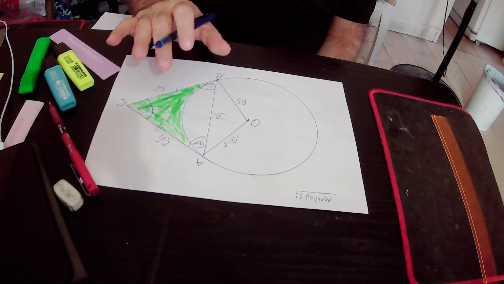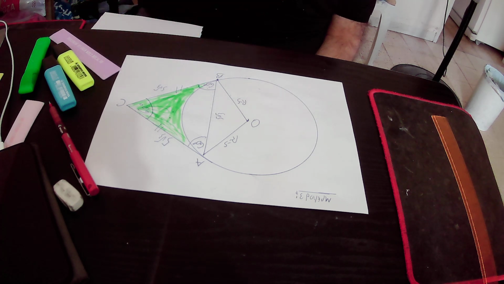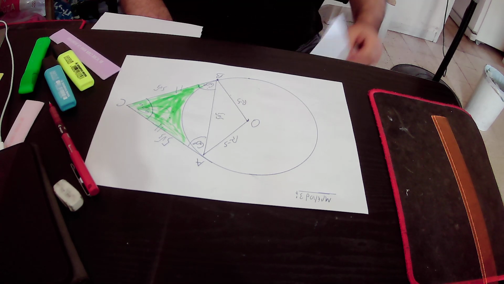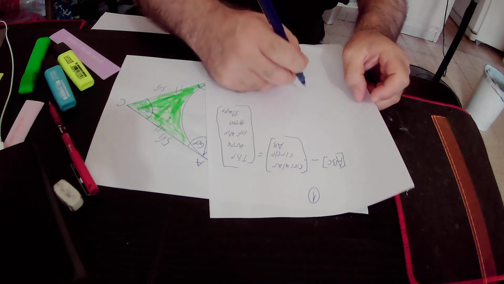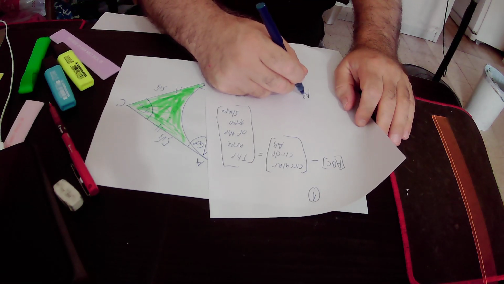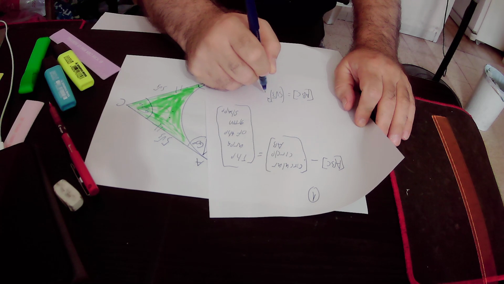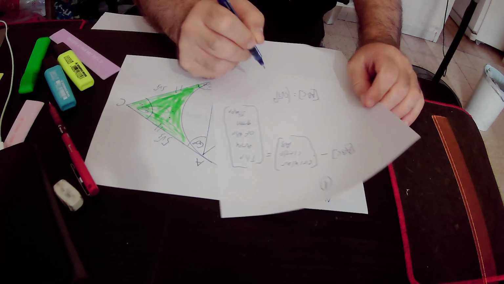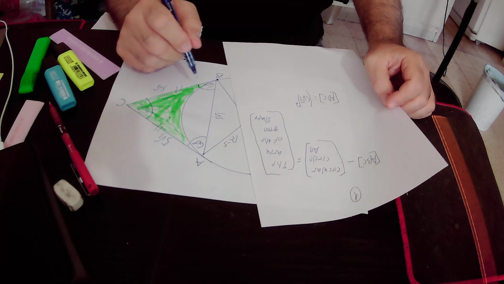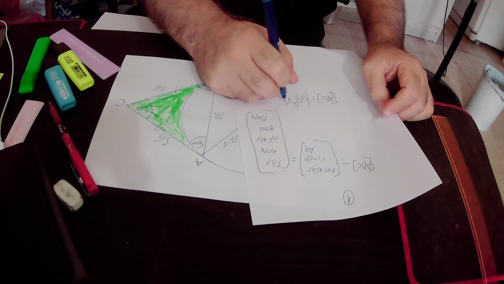So the area of triangle ABC, according to the formula that I presented to you, will be equal to (5 times root 3) squared times sine 60 degrees over 2, which is root 3 over 4.